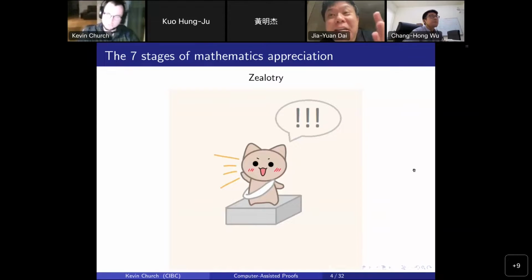But Kevin, I also want to share my personal experience. When I learned of the success of computer-assisted proof, I also had a stage of depression, because I have already spent so many years learning about nonlinear dynamics, but my theoretical tools cannot prove this, while computer-assisted proof can.